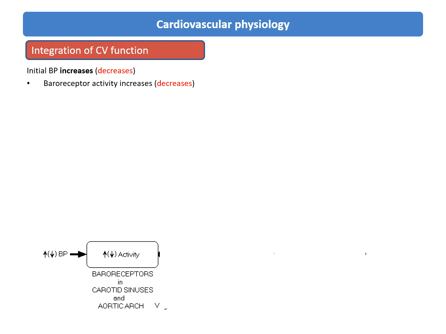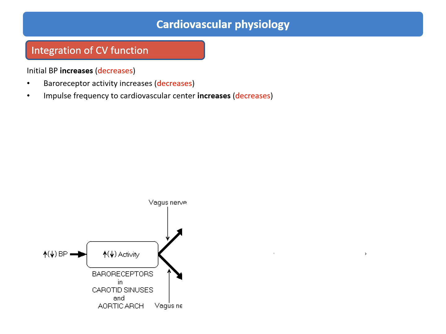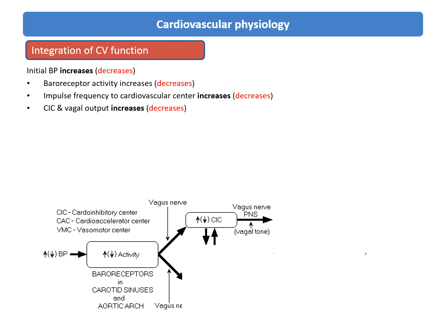The baroreceptor activity is thereby increased, and impulse frequency within neurons of the vagus nerve to the cardiovascular center is increased. The vagus nerve supplies the cardioinhibitory center, which then increases its output by way of the vagus nerve.